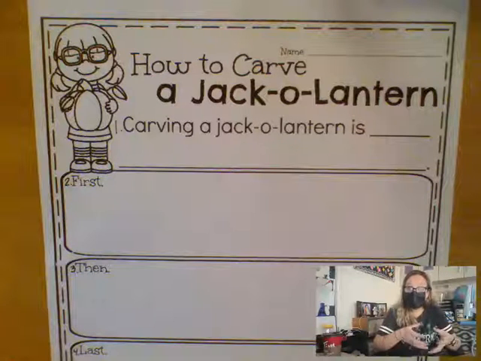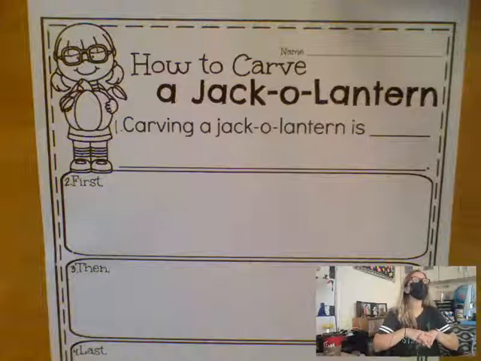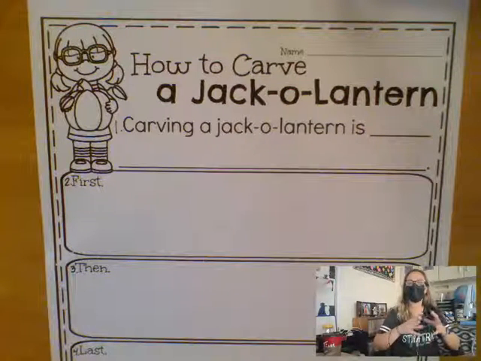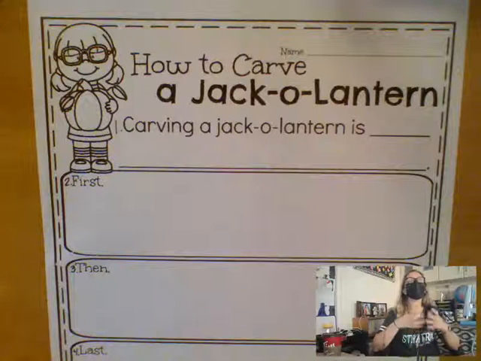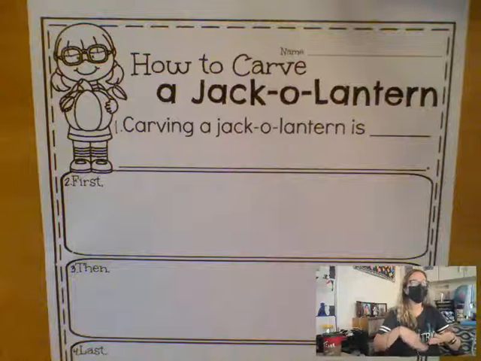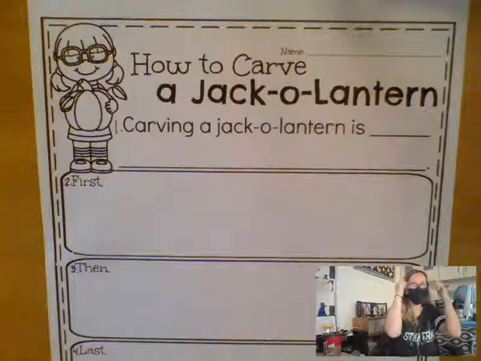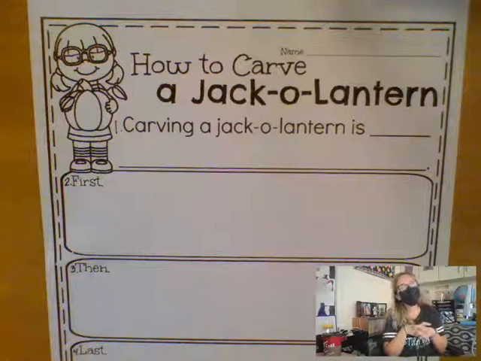Earlier this week, when we were working on our Frankensteins and our Frankensteinas, we did a little bit of the writing process. Who remembers what we started? What was the first step that we did in our journals for the writing process? I called it something to do with inside our head. It had to do with your brain.